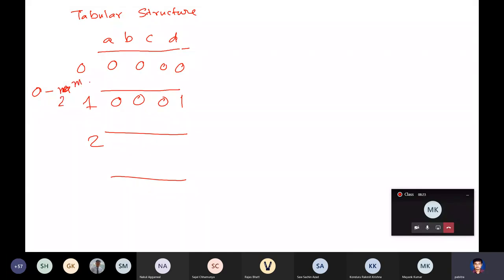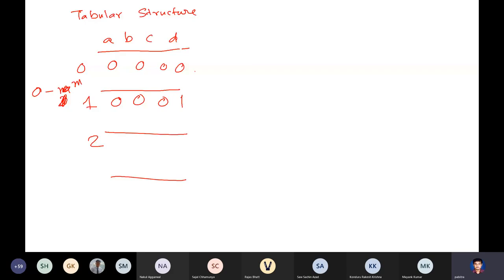So what you do is you compare two consecutive such groups. Every term here with every term here, you compare.